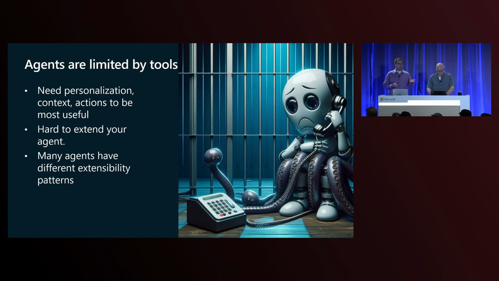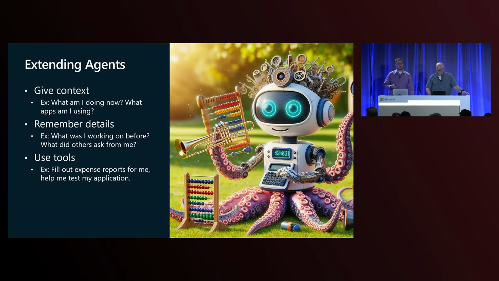But it's often not that simple, especially when each agent framework has different ways to author tools. Adding the right tools and resources, however, can be a magical thing for agents. With context and memory, agents know what you want. Without long prompts and explanation, you can just ask what you want directly. Tools let your agent act on your behalf, completing tasks and saving you time.